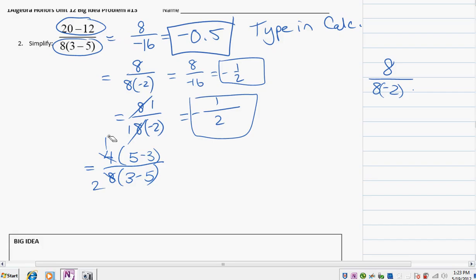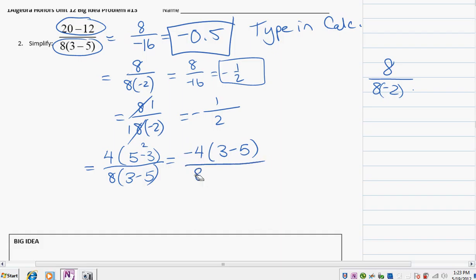But what many people might notice is that 5 minus 3 and 3 minus 5 are just opposites of each other. So if I factored out a negative 1, this would leave me with 3 minus 5. Because this would be positive 2, this would be negative 2, but with the negative multiplying it, it would change it back to positive. So I just factor out a negative 1 in addition to what I had factored out already.